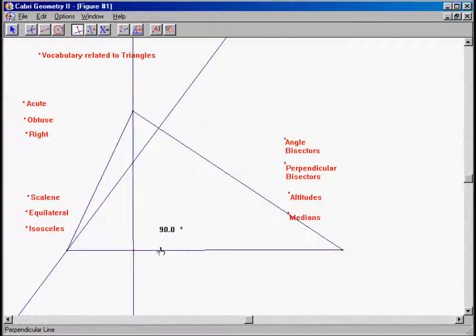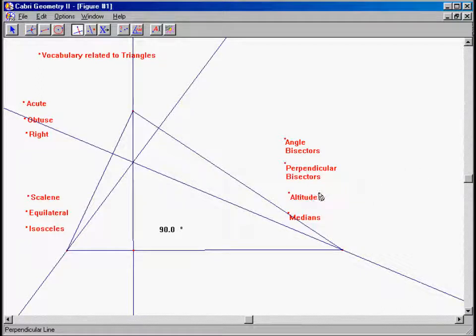And then there's a third altitude. I wonder if the magic of the universe holds. Do you think the altitude from the third angle will be concurrent with these other two? Only in our beautiful world. Let's find the perpendicular from this point, perpendicular to that line, and lo and behold, they are concurrent as well.